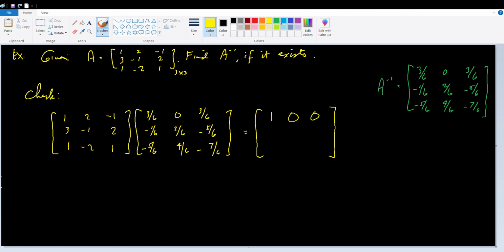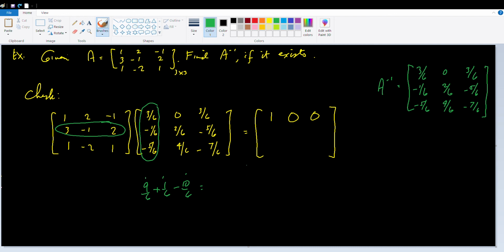We go down to the second row, multiplied first to the first column, we get 3 times 3 over 6 is 9 over 6. Negative 1 times negative 1 over 6 is positive 1 over 6. 2 times negative 5 is negative 10 over 6. 9, 1, and negative 10 is 0.